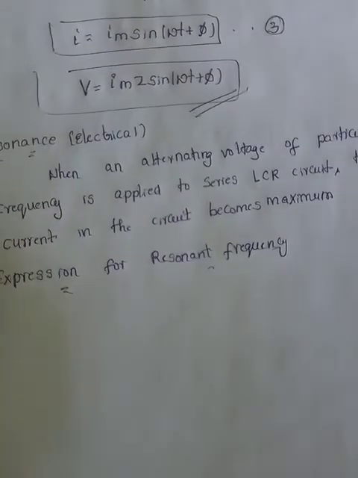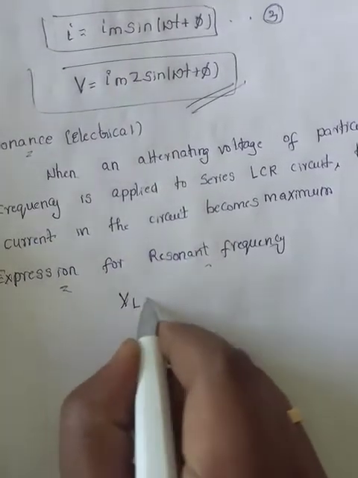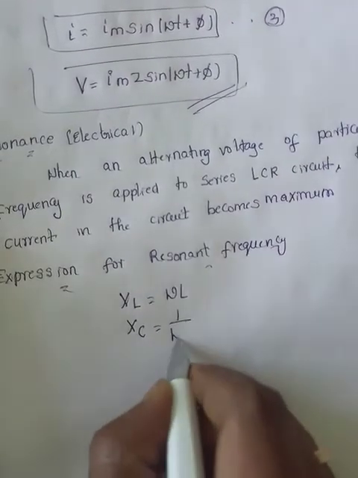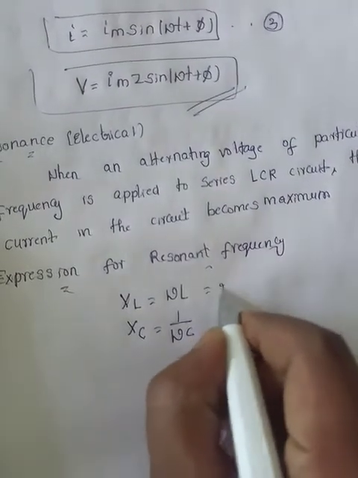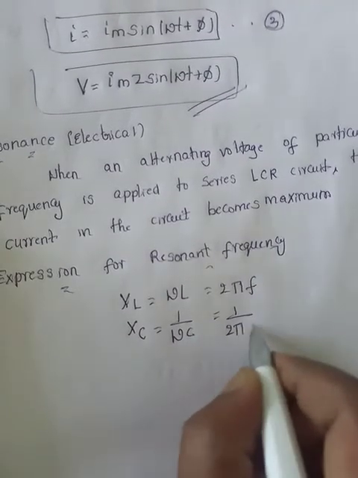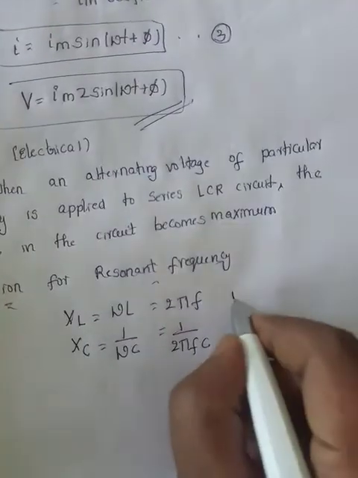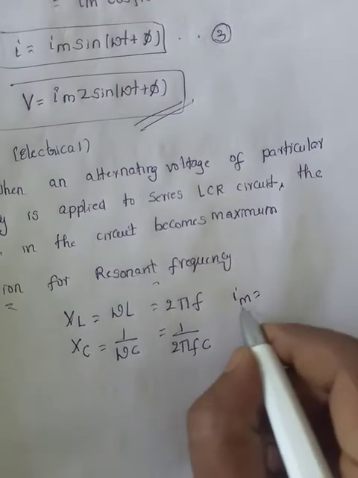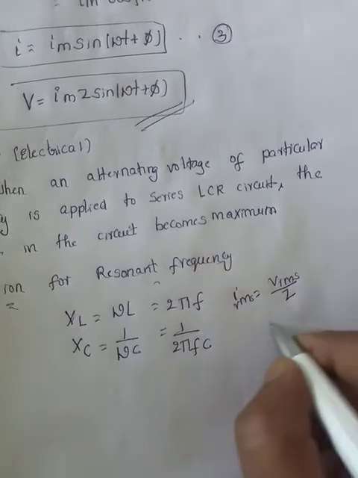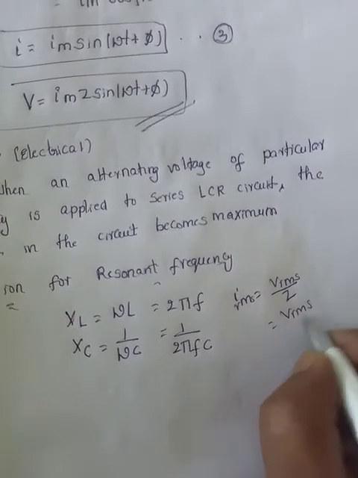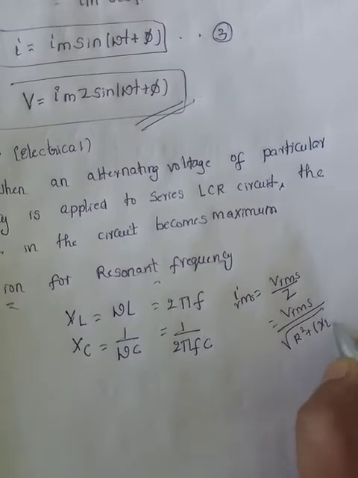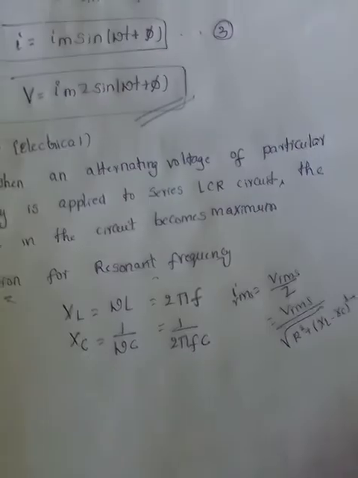As we know, XL is equal to omega L and XC is equal to 1 by omega C, that means 2 pi f L and 1 by 2 pi f C. Current Im, or IRMS, is equal to V RMS by Z, which is V RMS by root of R square plus XL minus XC whole square.